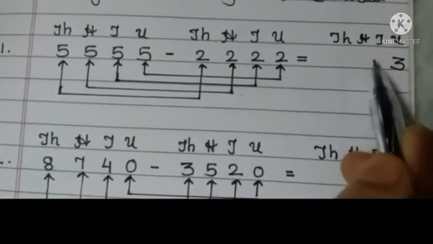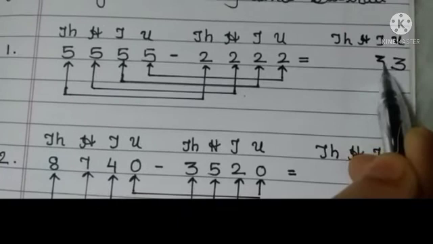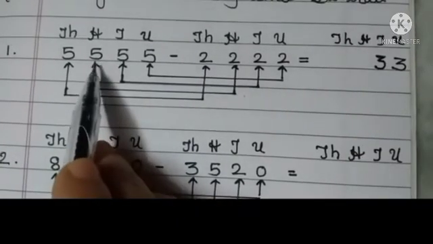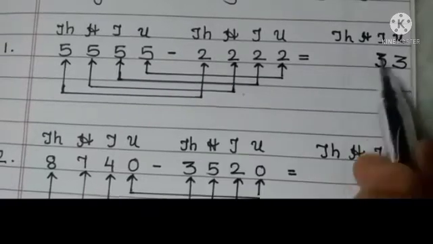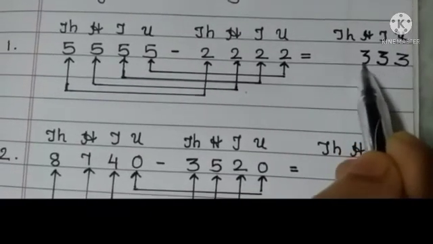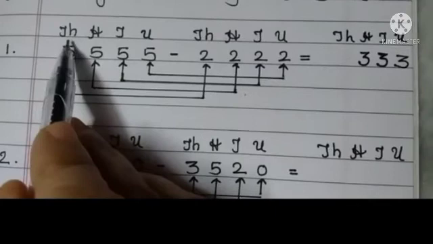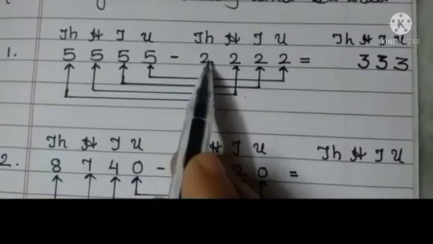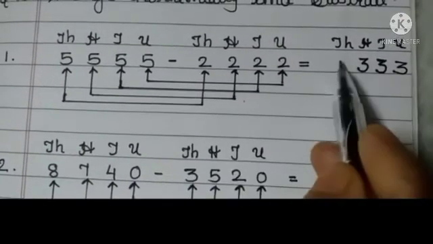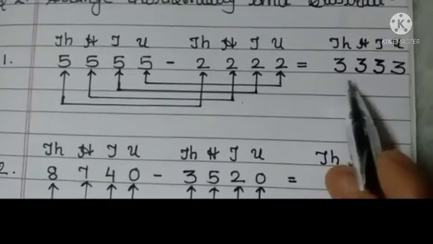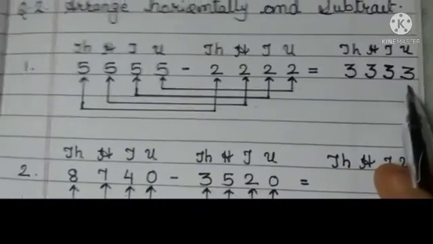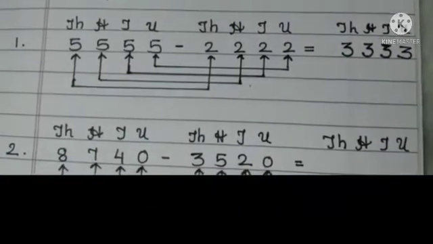So 5 minus 2 is again 3. So write down 3 in tens place. In hundreds place 5 minus 2. 5 minus 2 is also 3. So write down 3 in hundreds place. And in thousands place 5 minus 2 is 3. So write down 3 in thousands place. So our answer is 3333.